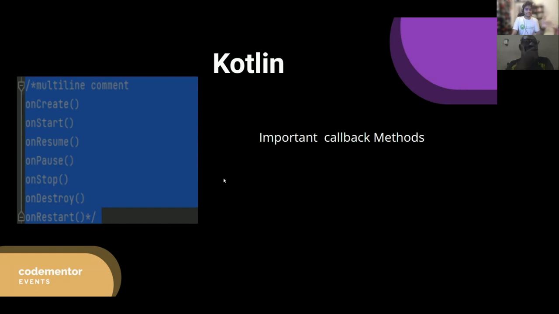The onStart callback method will work when you start, when the process will start. You have to write the code in it. onResume will work, for example, when you open an email, you have a number of emails, as I said before. You click on one.